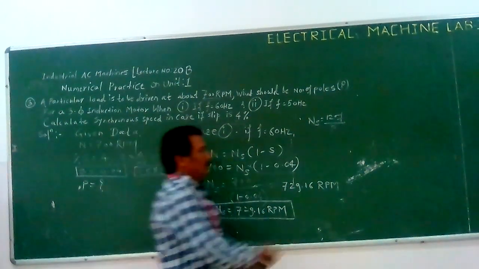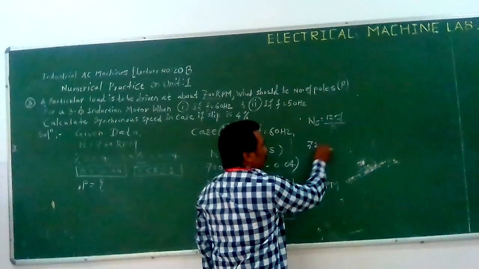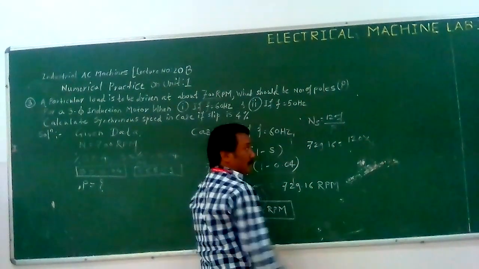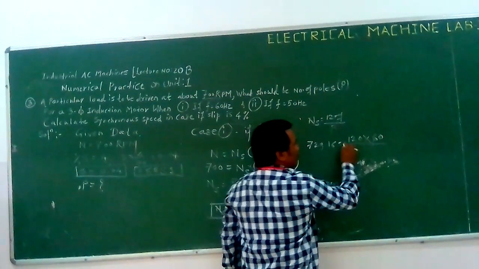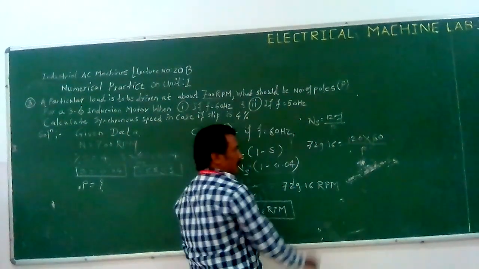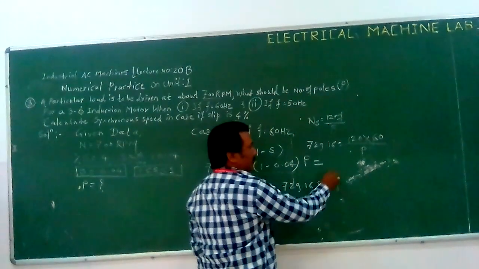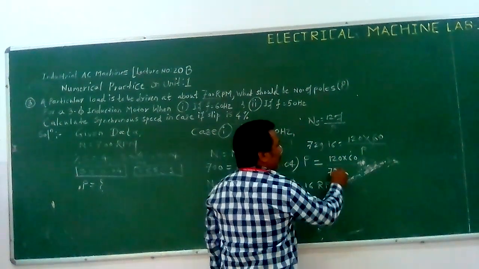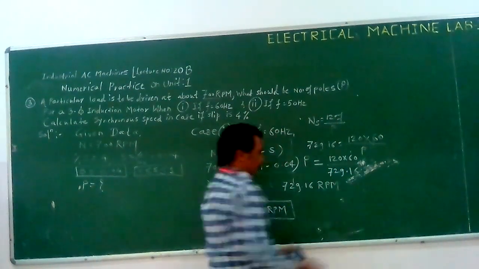729.16 rpm. So Ns is 729.16, equal to 120 into frequency, 60 hertz, divided by the number of machine poles. Then P will be 120 into 60 divided by 729.16.